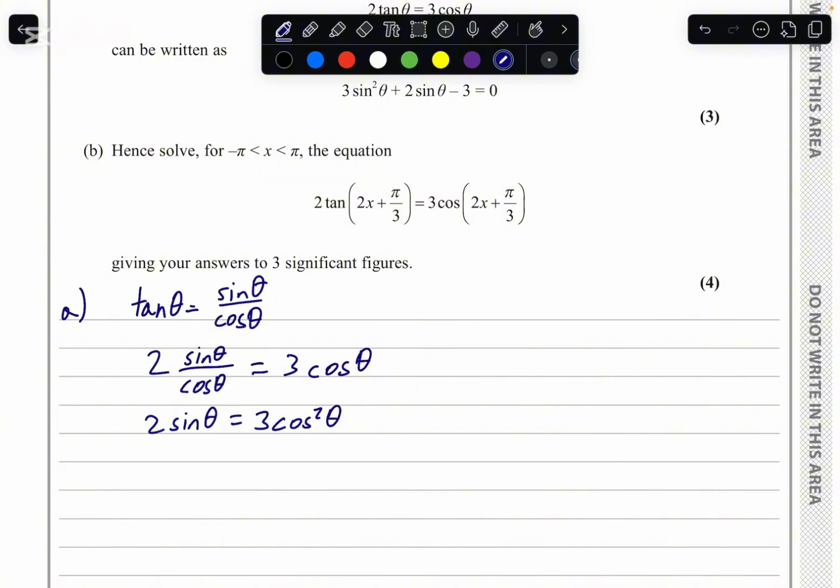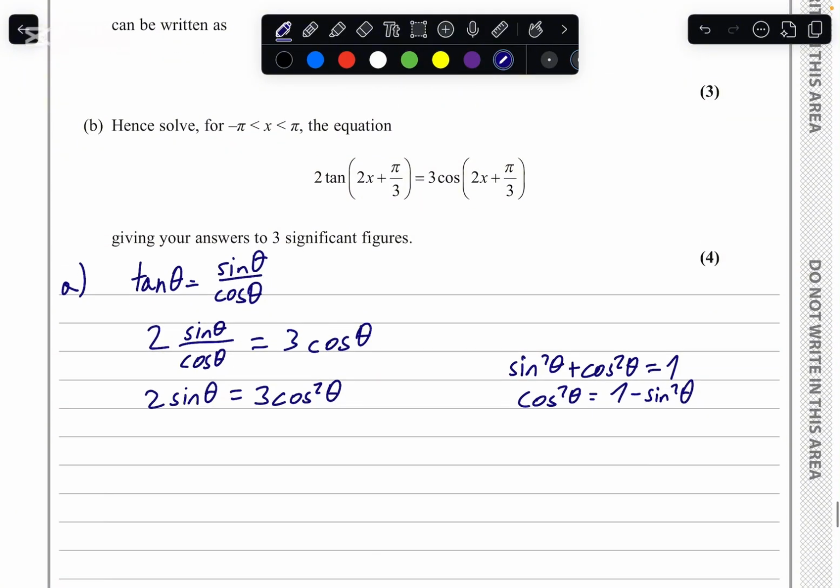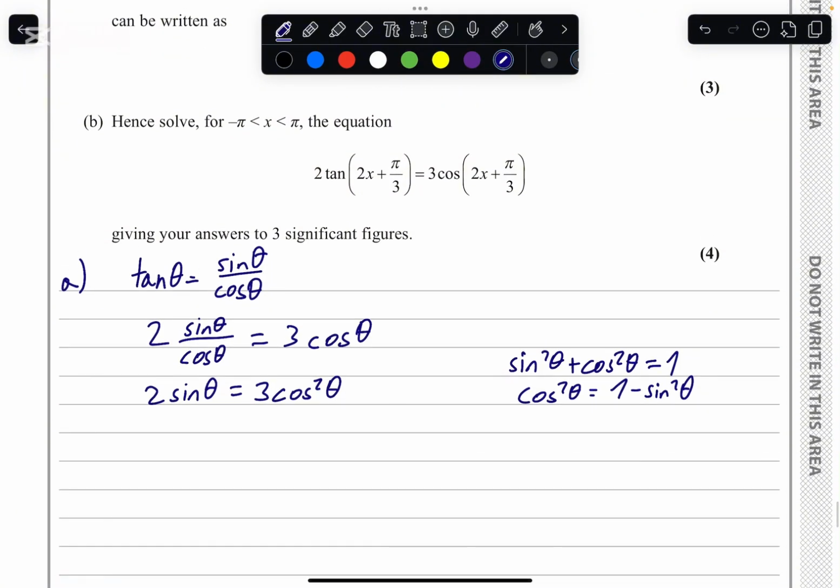So one identity that we will need to know is that sine squared theta plus cos squared theta equals to 1. So cos squared theta equals to 1 minus sine squared theta. If we go ahead and use that and put that instead of the cos squared theta, we get 2 sine theta equals to 3 times 1 minus sine squared theta.